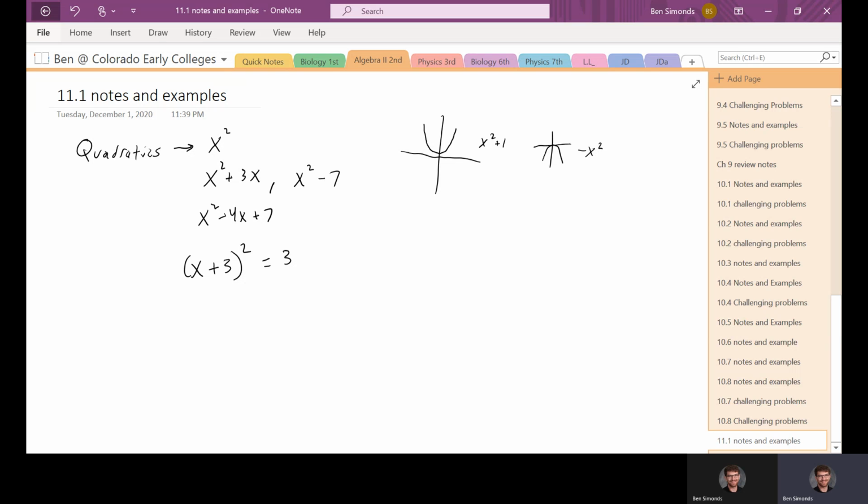So you might have some sort of group squared. So x itself might not be directly squared, but it's part of some sort of group that is squared. So the x is still squared. It's still an x squared quadratic, even though the 2 isn't directly attached to the x itself, right?